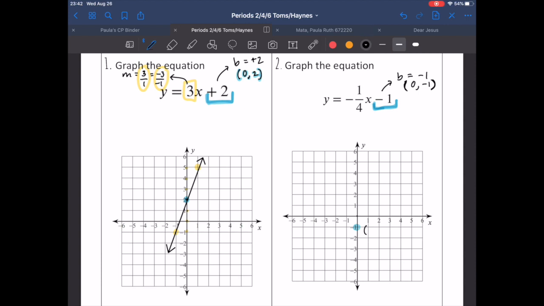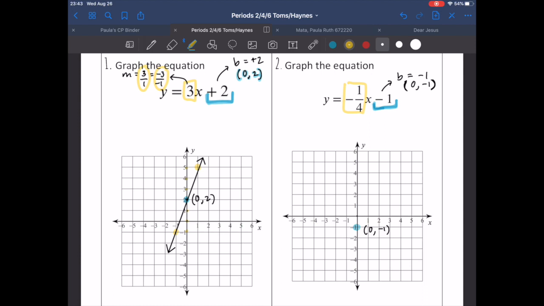Let me go ahead and label that point. 0, negative 1. Okay, right here my y-intercept was 0, 2. So here my starting point is my y-intercept. 0, negative 1, cool.